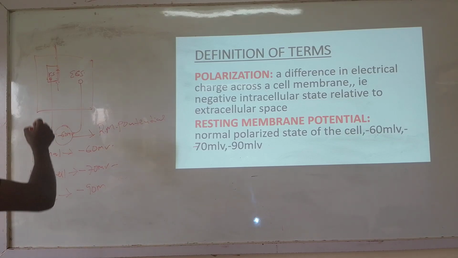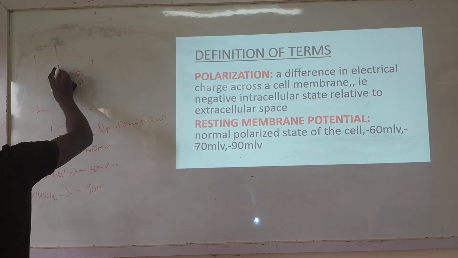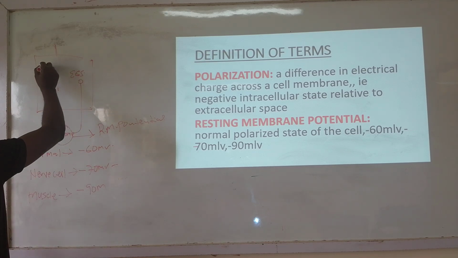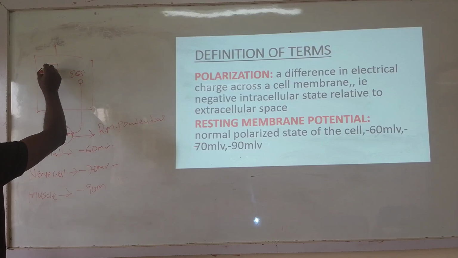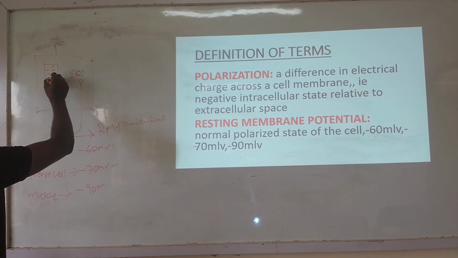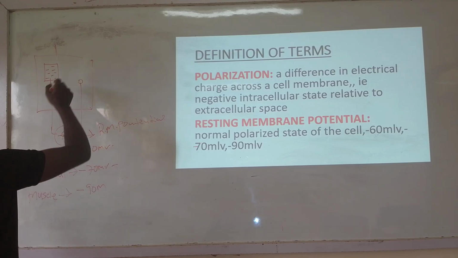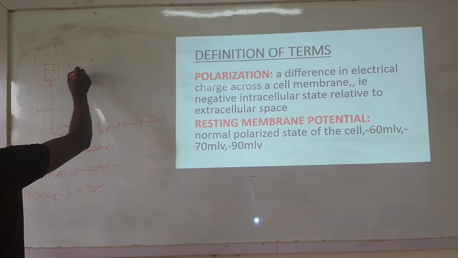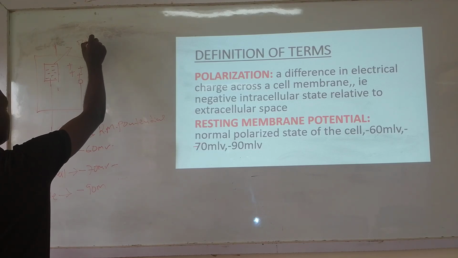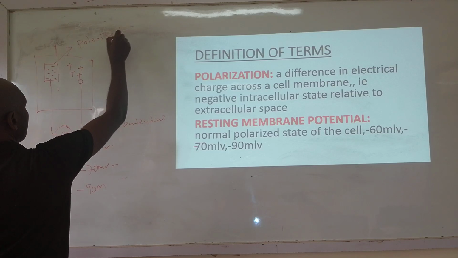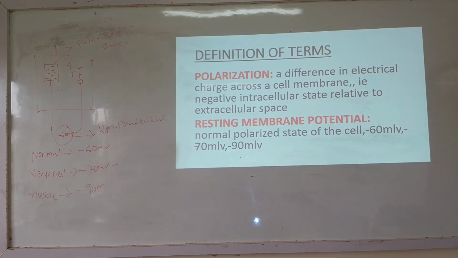This means the intracellular space of this cell is more negative compared to the extracellular space, which is more positive. So this cell is in what we call a polarized state. That is the meaning of polarization.